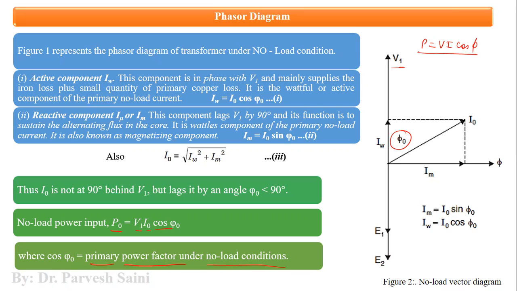But in the primary, because a minimum current is flowing, there will be minimum losses in the primary winding, and these losses are negligible. We can neglect these losses, but the iron core of the transformer will have two effects, the heating effect and the magnetizing effect. Both effects will be there because of the no load current.